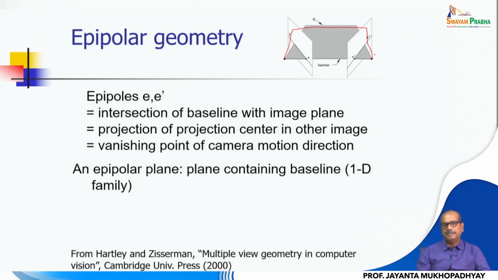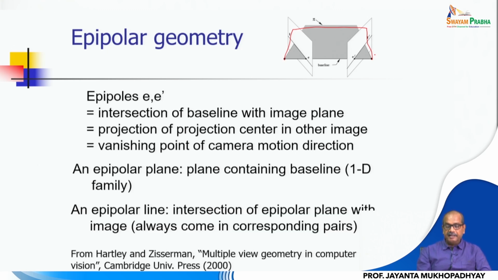So with that parameter, you can define the epipolar plane. That's why it's a one-dimensional family. You can just denote the angle of rotation about the baseline, and with that parameter, every epipolar plane can be identified. And the epipolar line is the intersection of the epipolar plane with the image, and always comes in corresponding pairs.